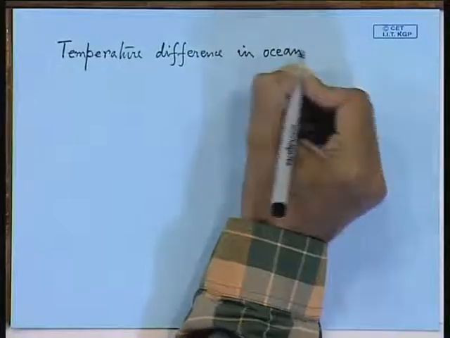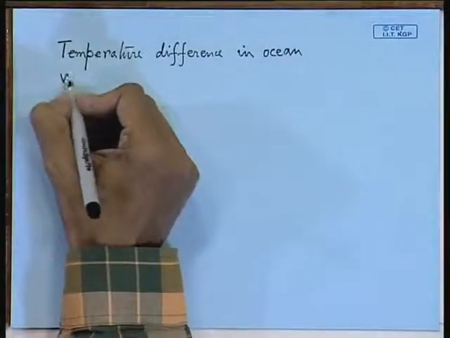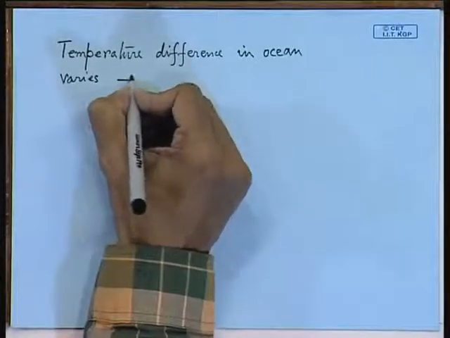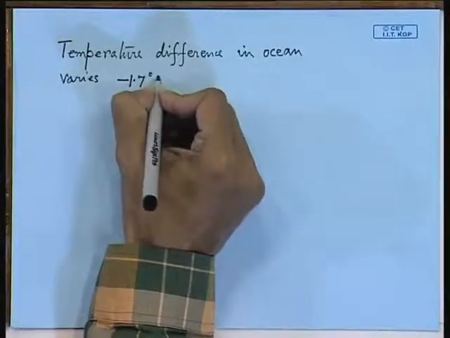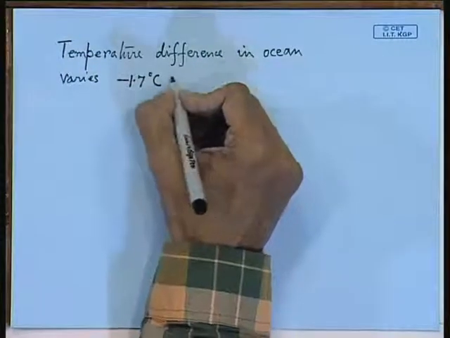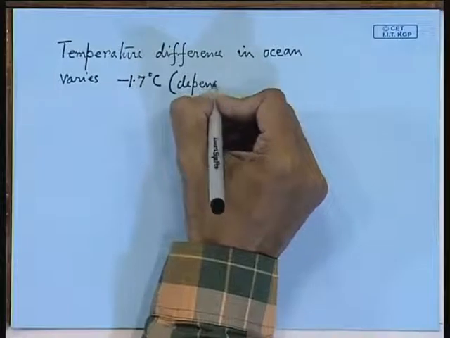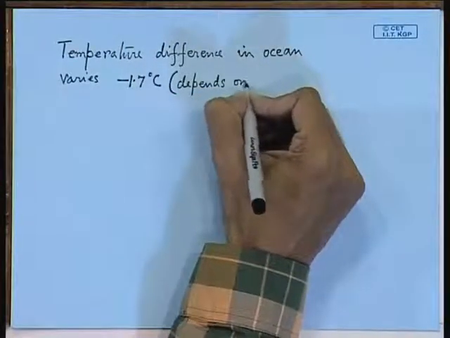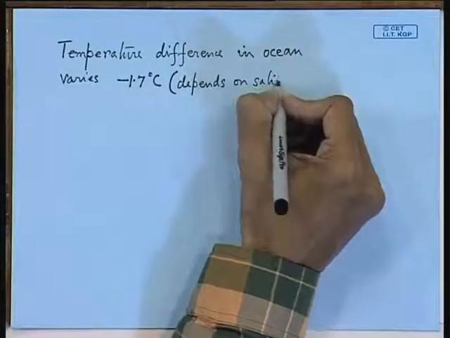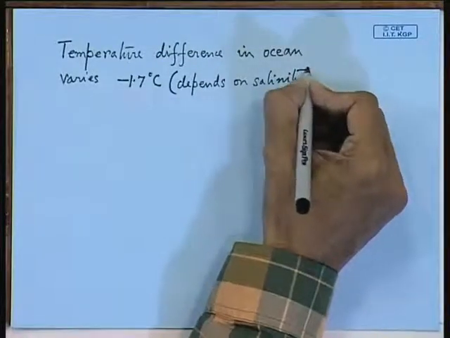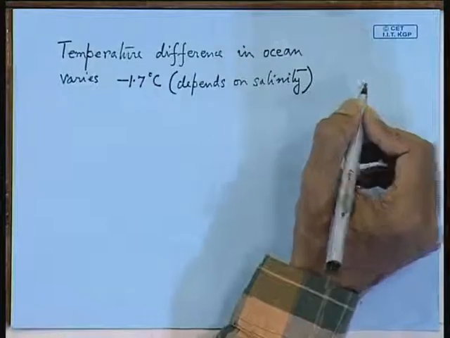So, temperature varies from below freezing, minus 1.7 degree centigrade. Now, this depends on salinity.